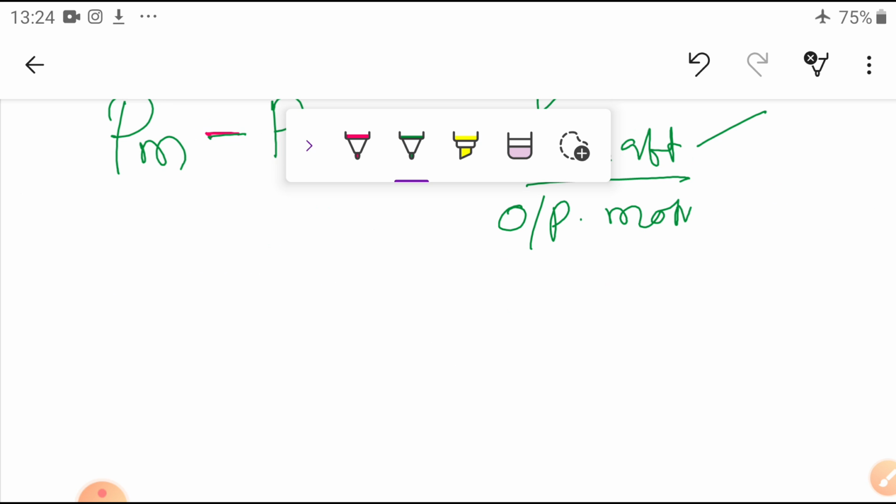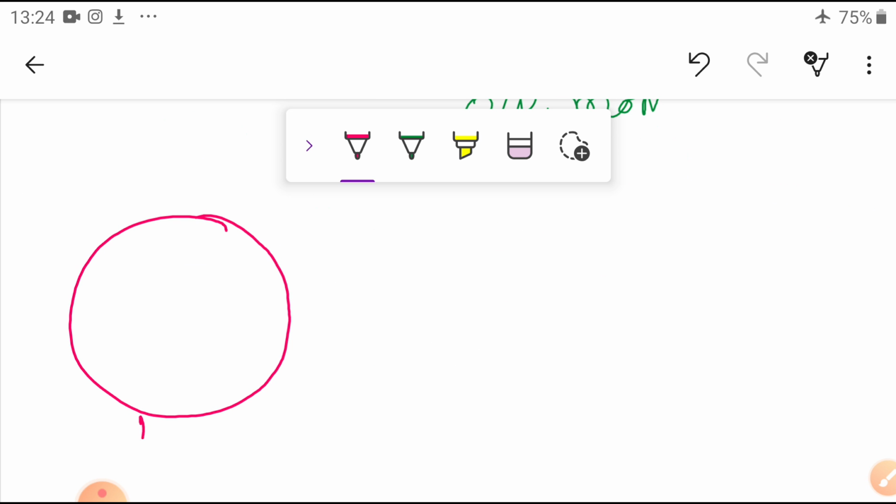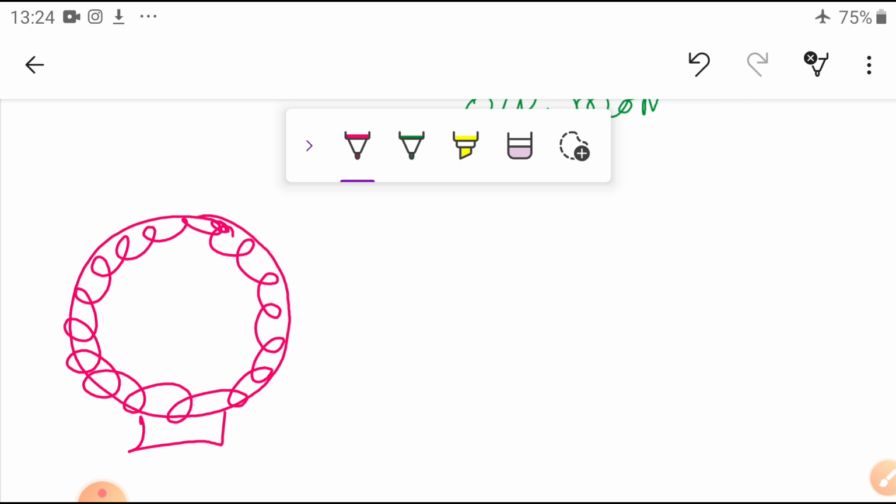Now let us consider one induction motor. It has a stator winding, given a 3-phase supply, and this input we can say is P1.